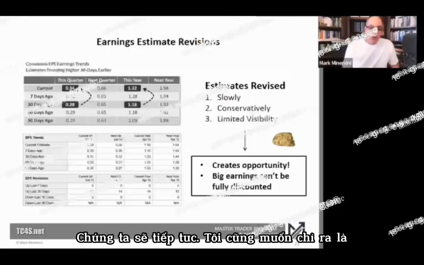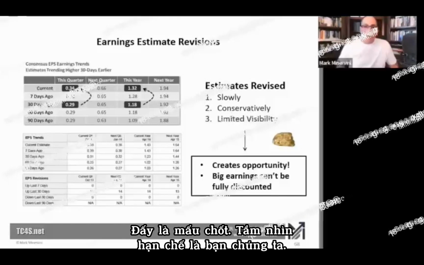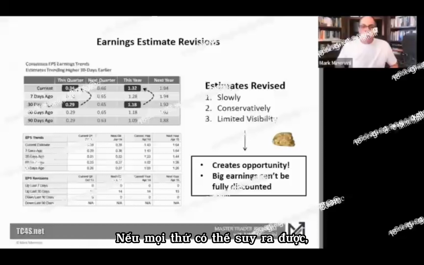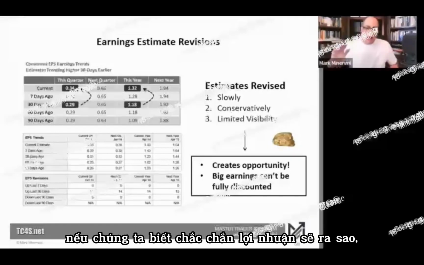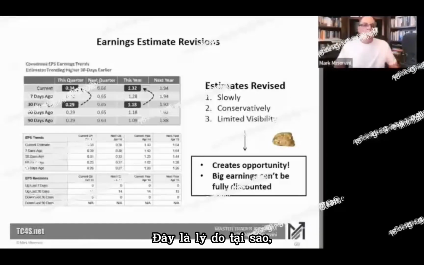Well, real quick too, I just want to point out this opportunity is because of right here, limited visibility. That's the key. Limited visibility is your friend. Remember, if everything could be figured out, if we could nail down where the earnings are going to be for certain, and we knew all the information, and we had some black box system.